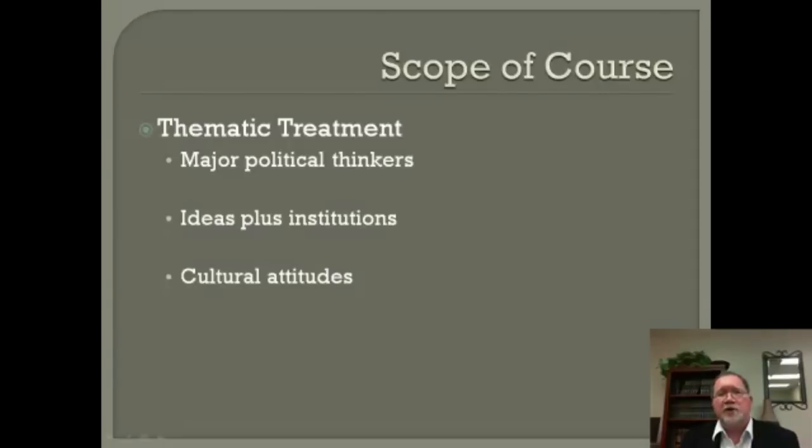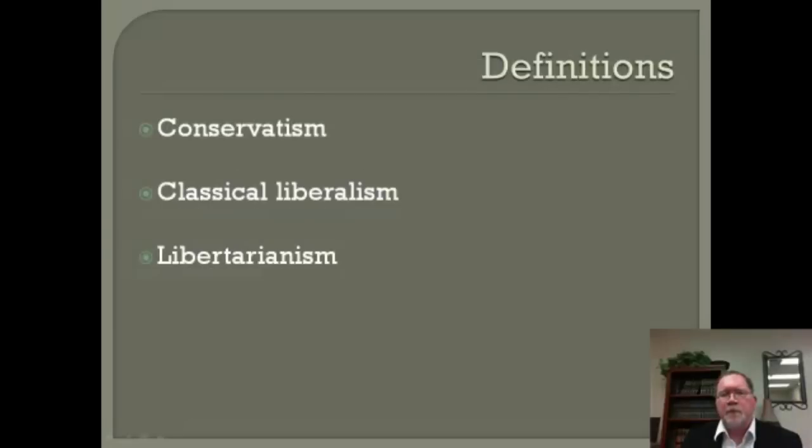This is particularly important with conservatism, I would say, because many conservatives describe themselves as being more concerned not with politics per se, but with a general cultural attitude towards phenomena like religion and notions of tradition and that sort of thing. We'll get more into those details where appropriate.